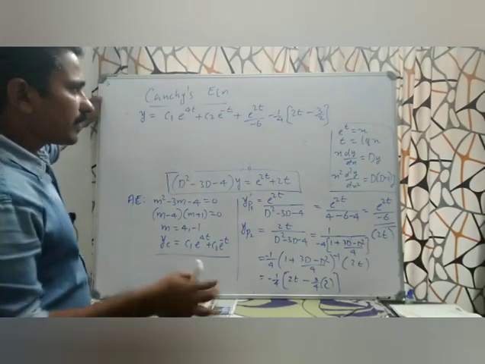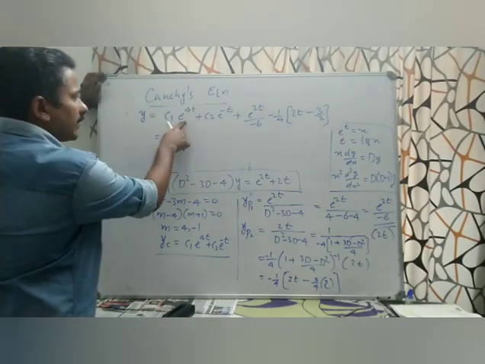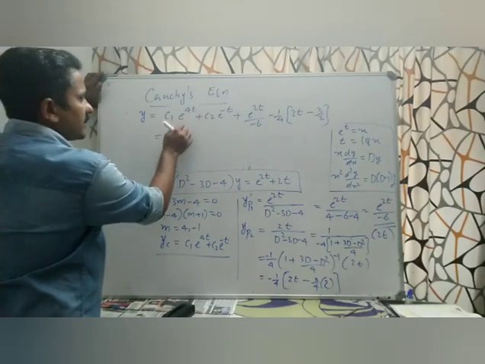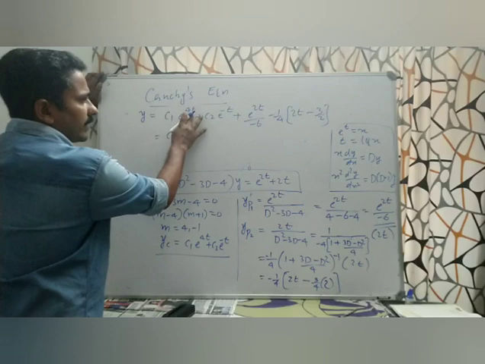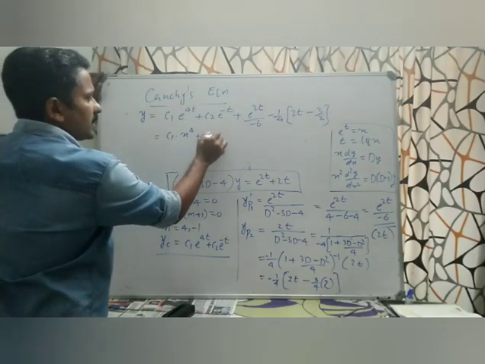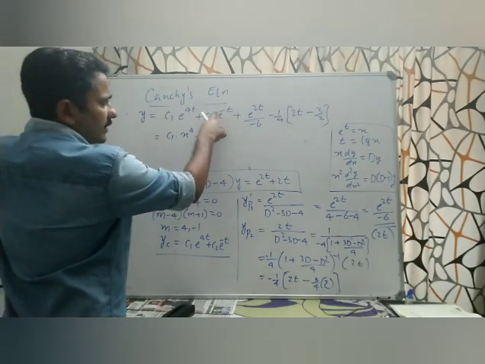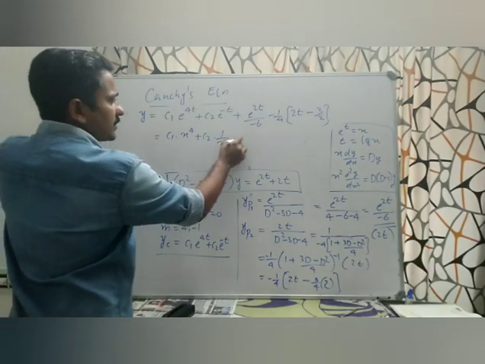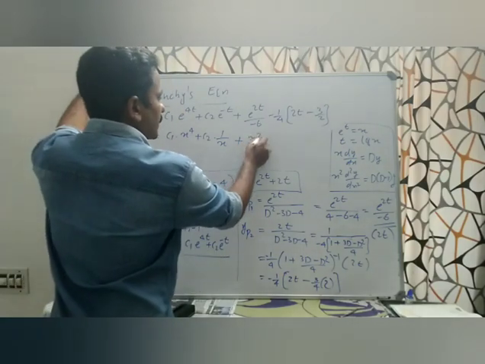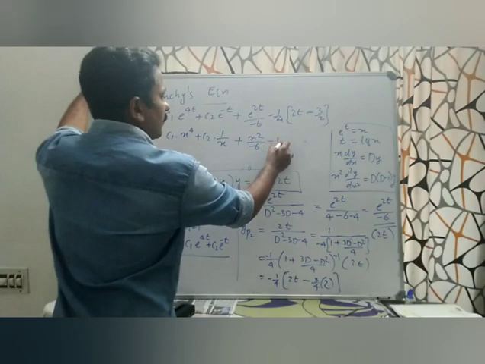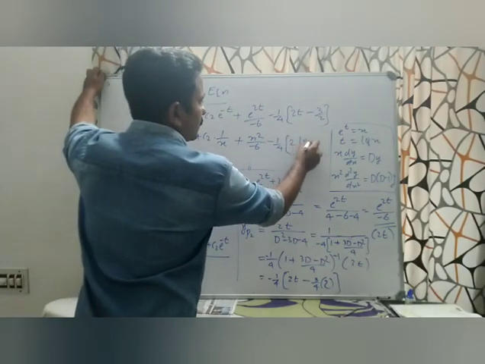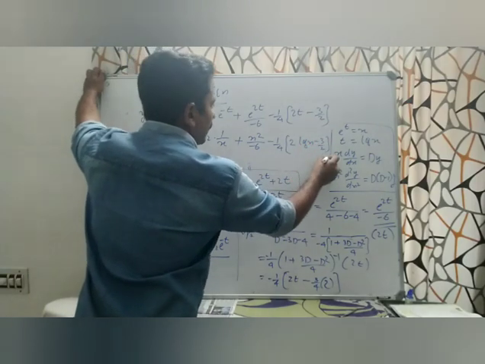Now replace the functions of t by the functions of x. e to the power t is x. So c1 e to the power 4t is x raised to 4, so this is x to the power 4 plus c2, e to the power minus t is x raised to minus 1, which is just 1 by x, plus e to the power 2t is x square by minus 6, minus 1 by 4 times 2t, which is log x, minus 3 by 2.